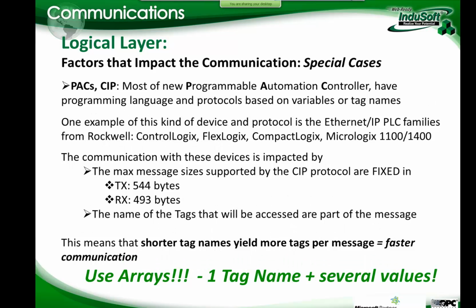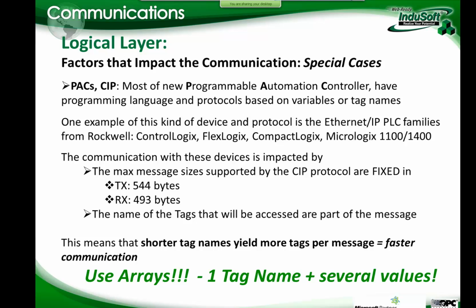All right, some other specific impacts. More and more we see PACs, programmable automation controllers, out there. We have ControlLogix, most of the PLCs based on CODESYS, Beckhoff TwinCAT, we have the Omron CJ2 family and the NJ2, which speak EtherNet/IP.